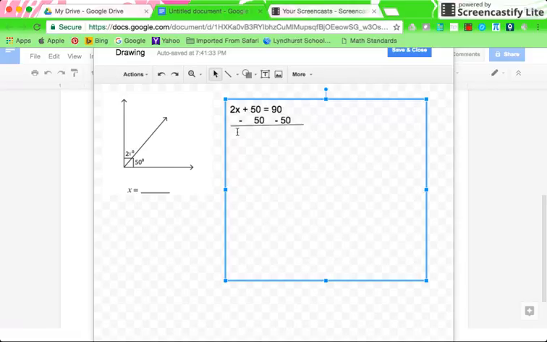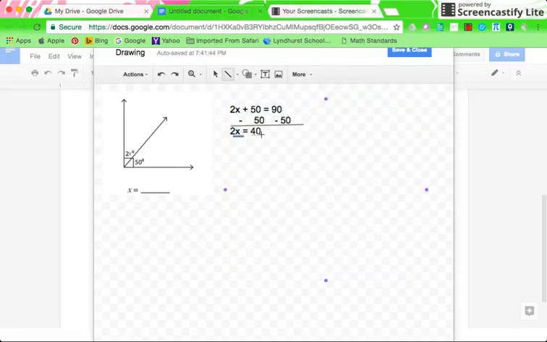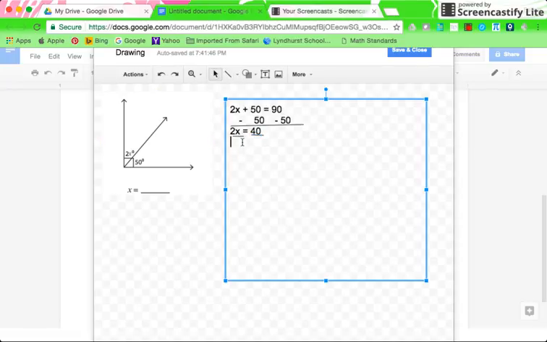Now, I have 2x equals 40. X is not by itself. There's still one more step. So I'm going to divide both sides by 2 to get x by itself, drawing my division sign. You guys should all be doing this in your notebook right now. If I divide both sides by 2, I'm going to be left with x equals 40 divided by 2, which I hope you know is 20, but if not, again, use a calculator.